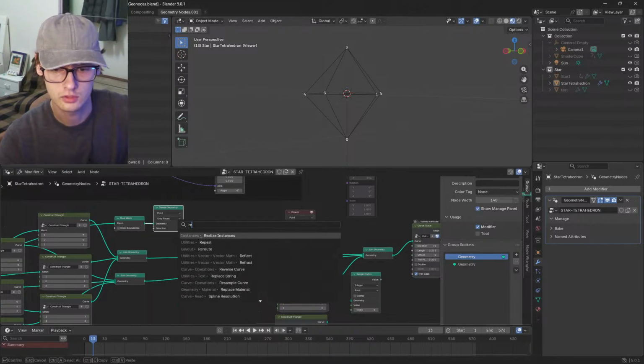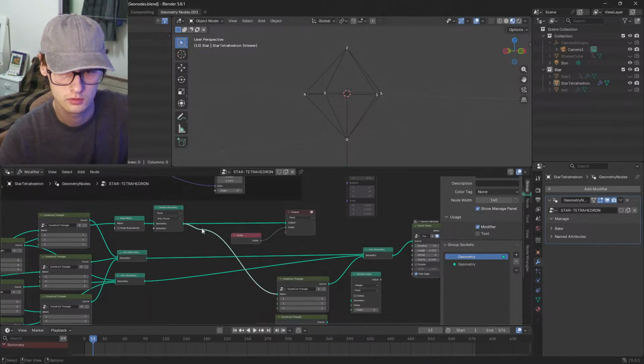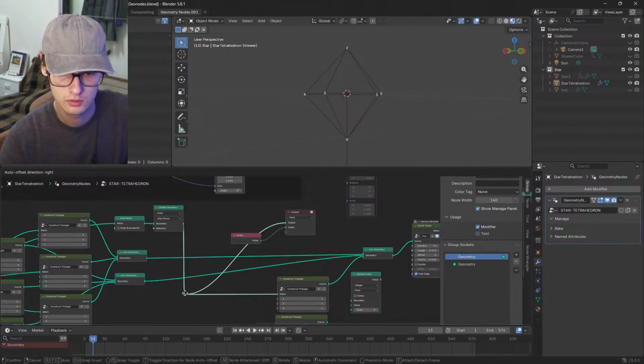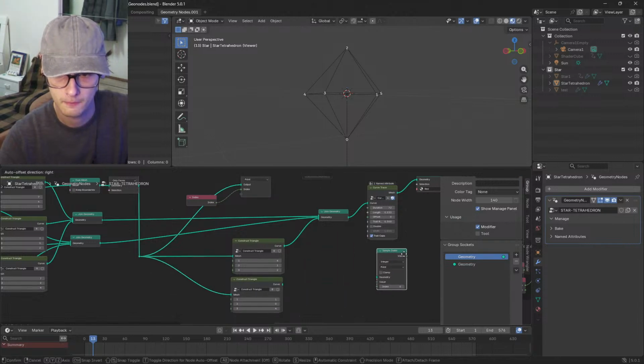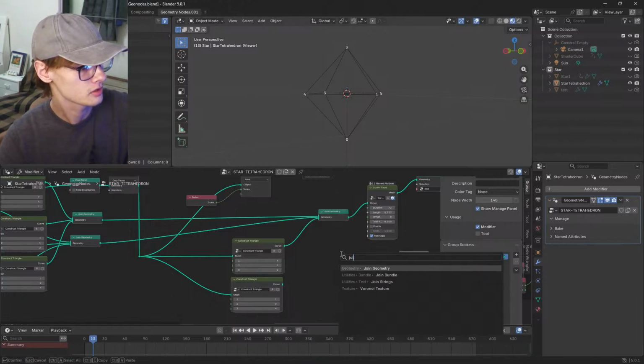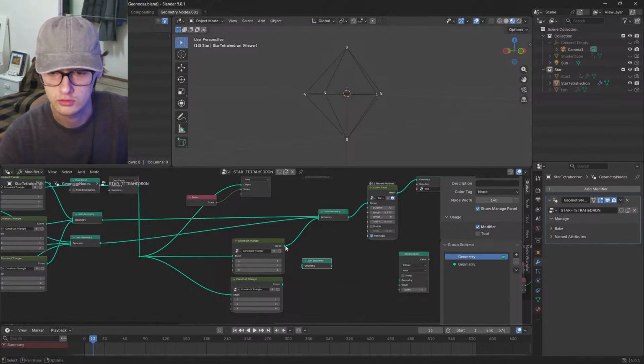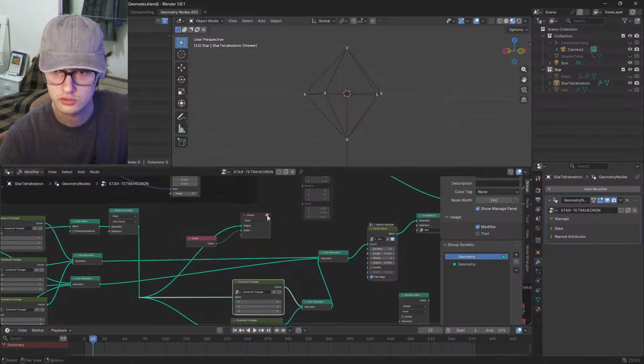Make this a little cleaner. Can also make separate join geometry nodes for this. Now let's check it out.